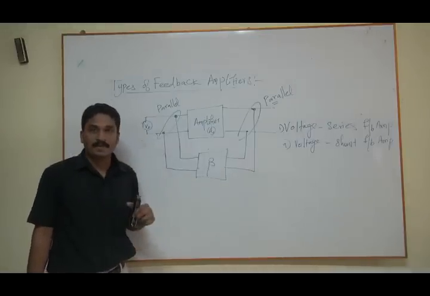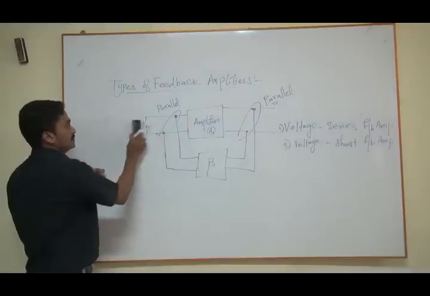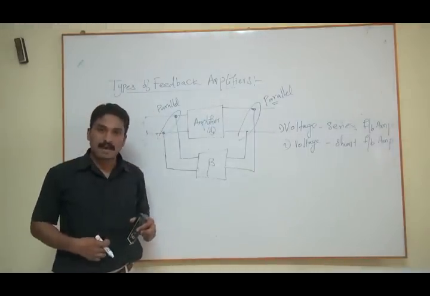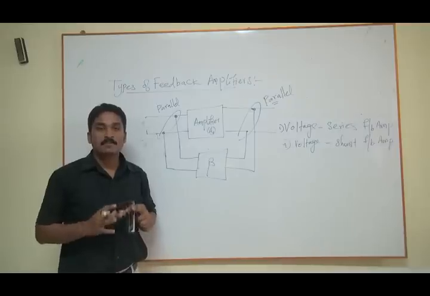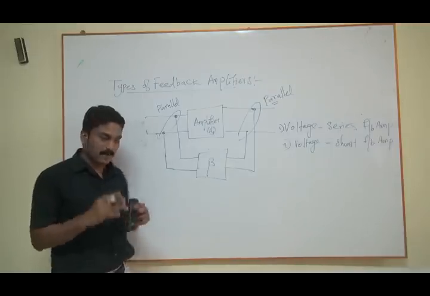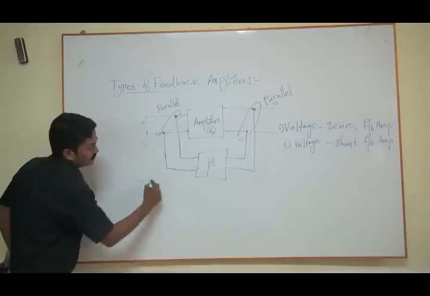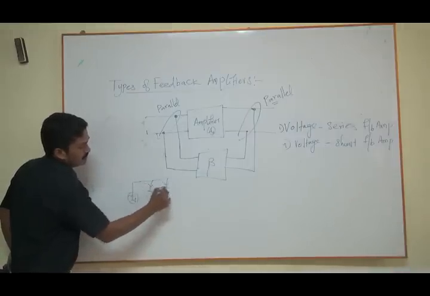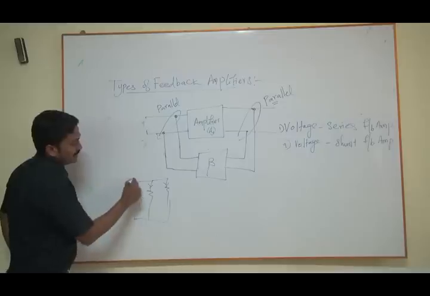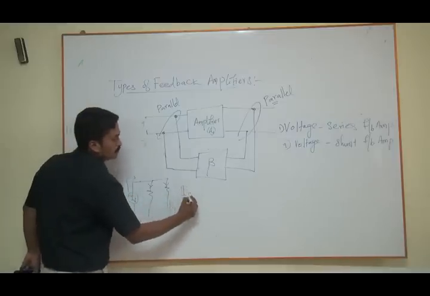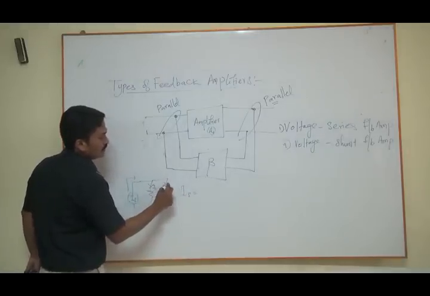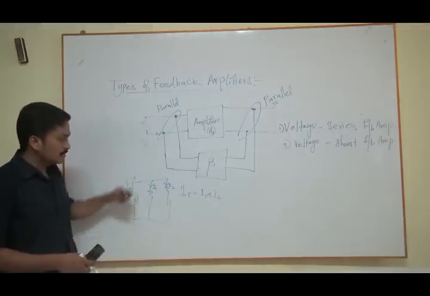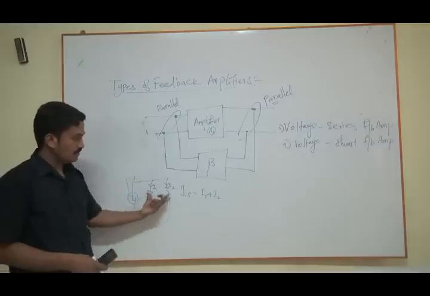Then what will happen? If I have a source over here, and I connect another resistance in parallel, what will happen? Your input side current is now dividing, because in a parallel circuit, assume this is Is, the total entering current is equal to the leaving currents I1, I2, which means your current is dividing in two locations.